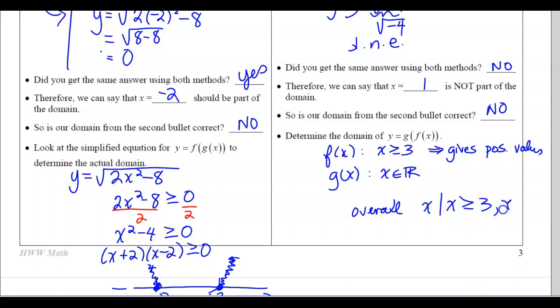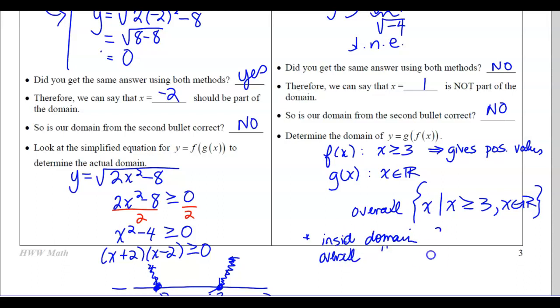So the important part is to look at that inside function, find, first of all, what goes in, and then compare it to the overall, the final. So that's kind of the fast way. Look at the inside, so this is what I would do. Inside domain, and then overall domain, and where do they overlap? That will do it for you.